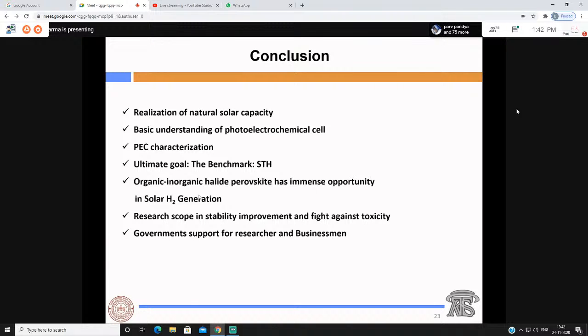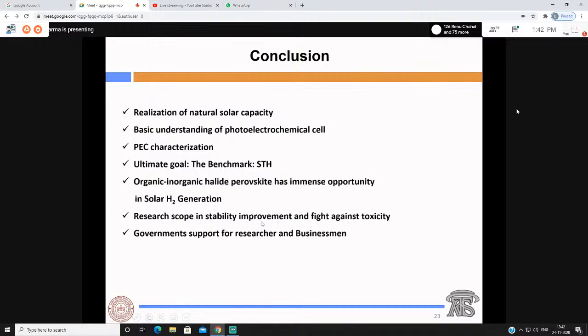So if we find a competitive, efficient solar cell which is highly stable as well as free of any toxic component, then it is very favorable for commercial application. And the government is also supporting researchers and businessmen.